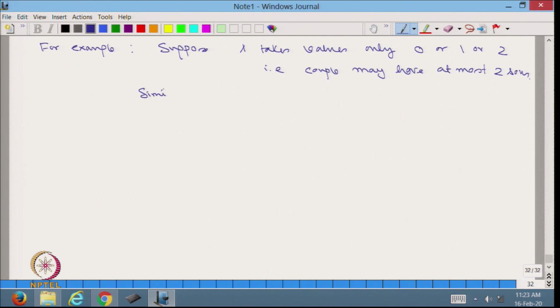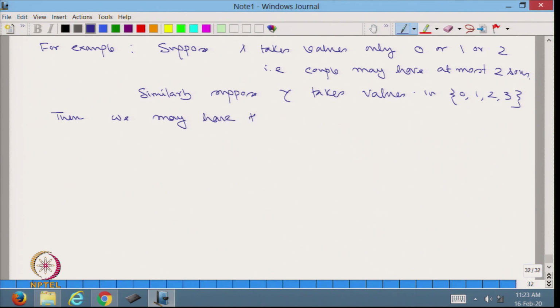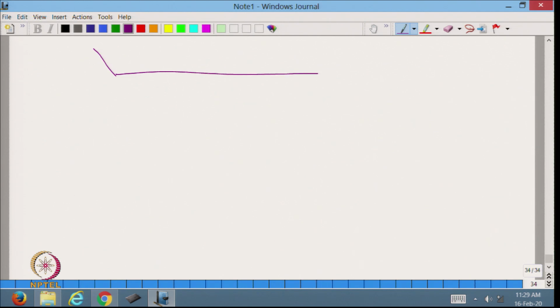Similarly, suppose y takes values 0 or 1 or 2 or 3, then we may have the following table to describe the probabilities. So, consider this table.